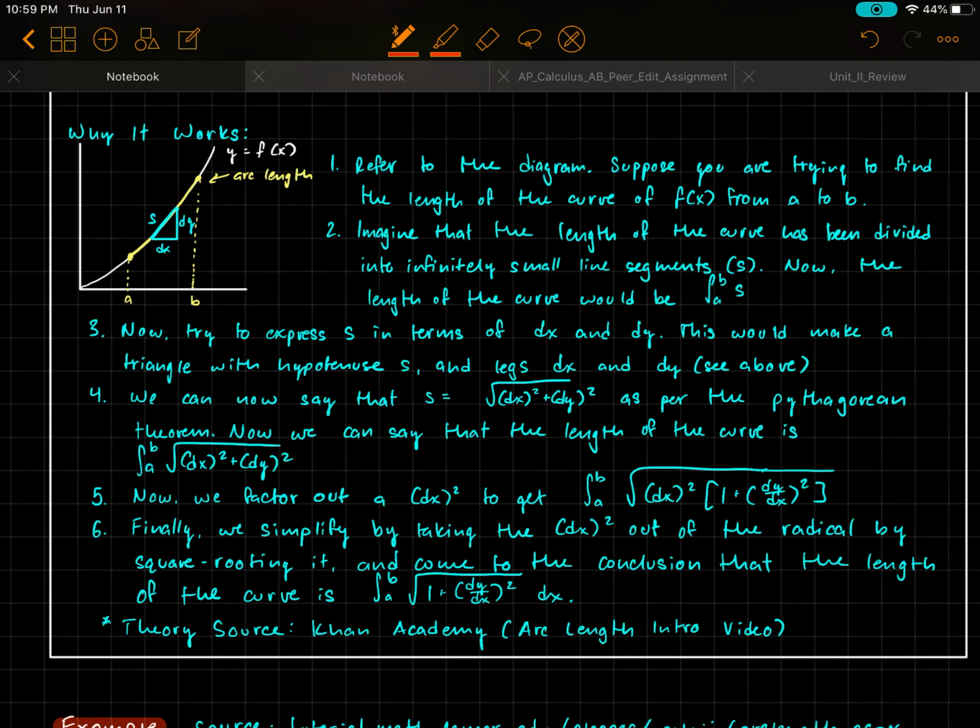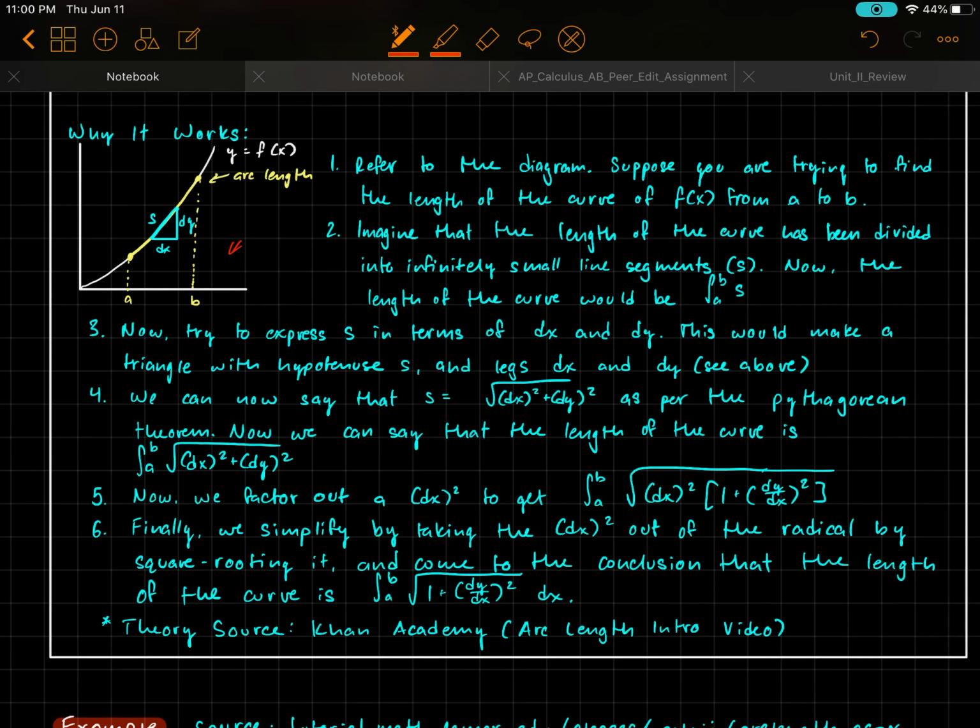So if you take a look at this diagram right here, you could see that we've got it set up here that we've got the curve y equals f of x, and we're trying to find this arc length outlined here in yellow. So the first thing that we're going to do is imagine that this curved arc length is divided into line segments that are infinitely small, and they're going to have a length of s.